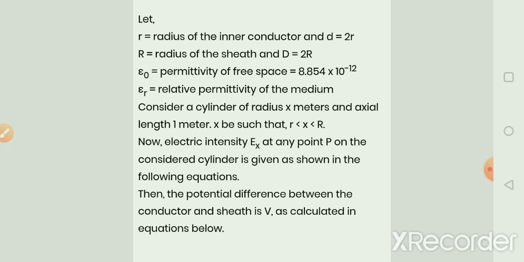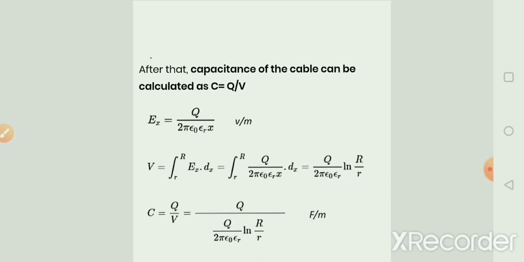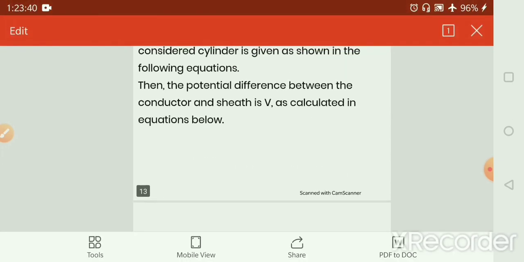Now the electric field intensity for this is Q over 2 pi epsilon 0 epsilon r into x volt per meter. Here x is the radius of the cylinder and Q is the charge. We know that the capacitance of the cable is Q over V, so we have to define the potential.